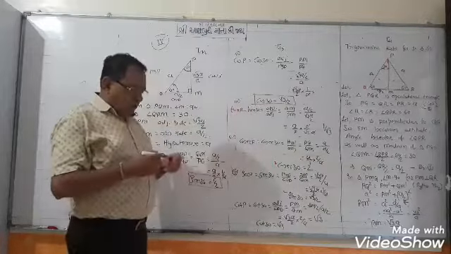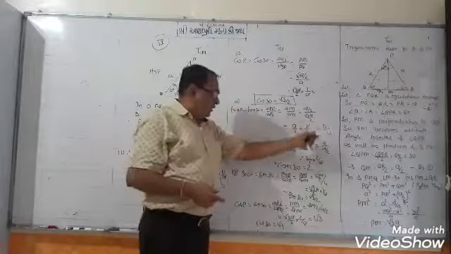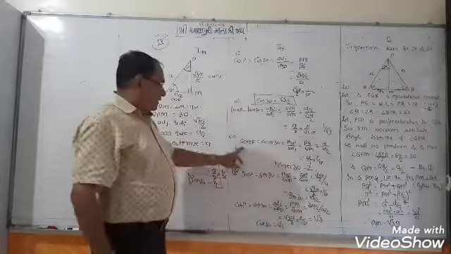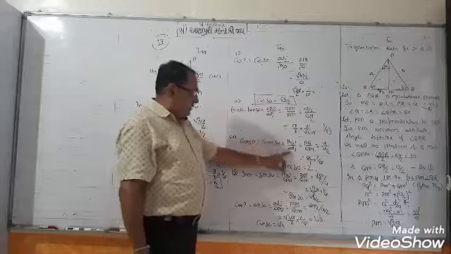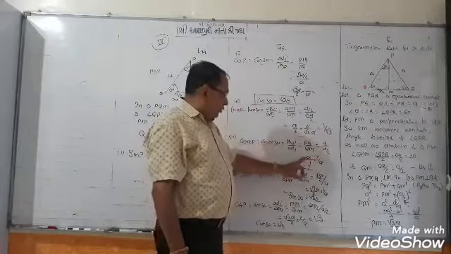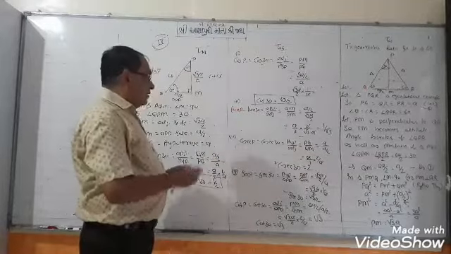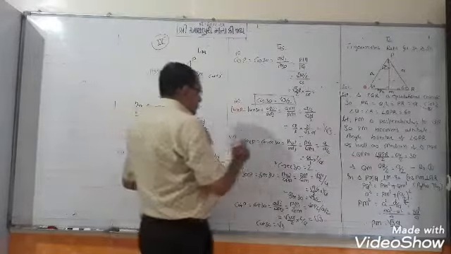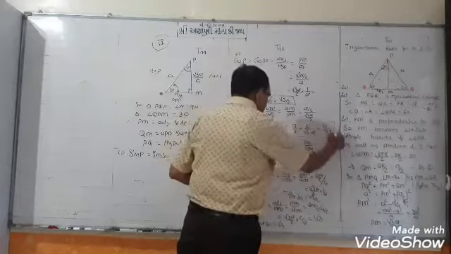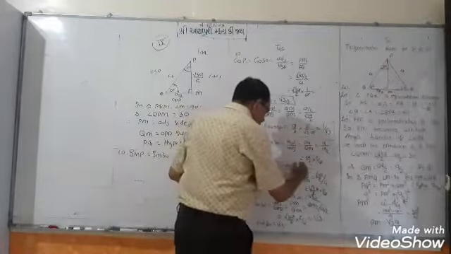The inverse of tan 30 is cot 30. The inverse of 1 over root 3 is root 3. Is it clear? Cosec P, hypotenuse upon opposite, PQ upon QM, a upon a by 2. We have done these derivations here. Tangent of 30 is equal to 1 over root 3, and cosec of 30 is equal to 2.